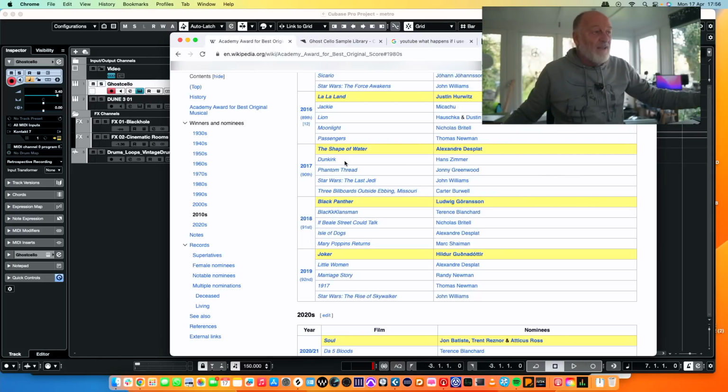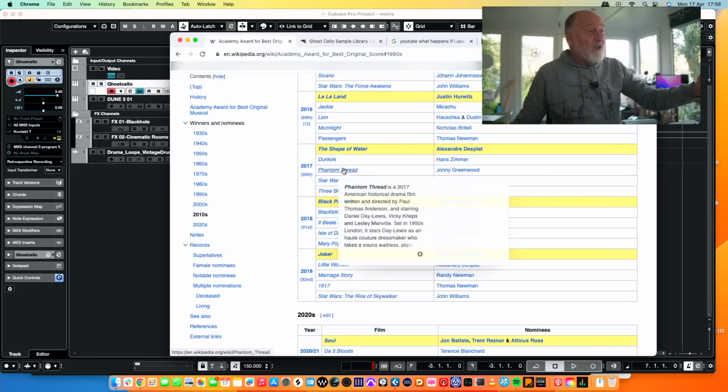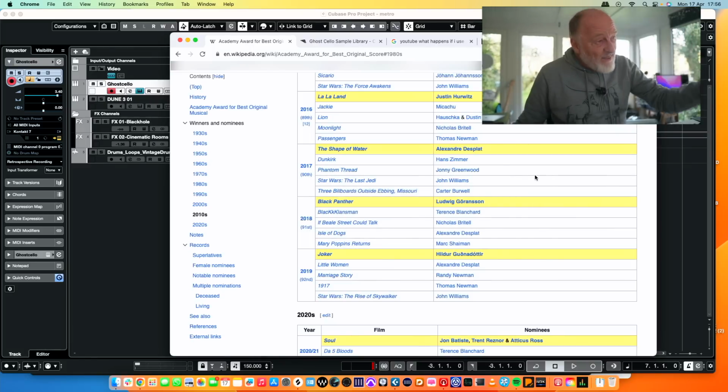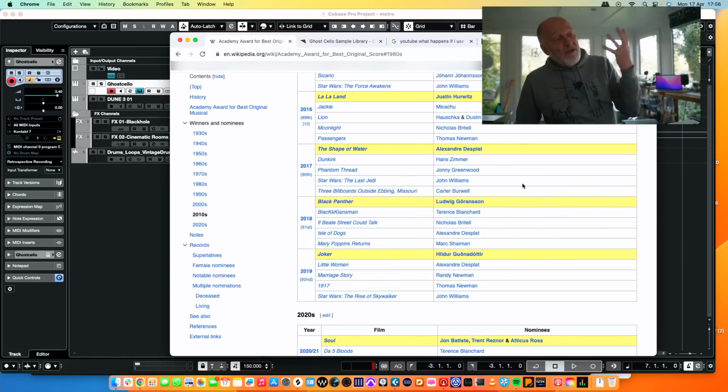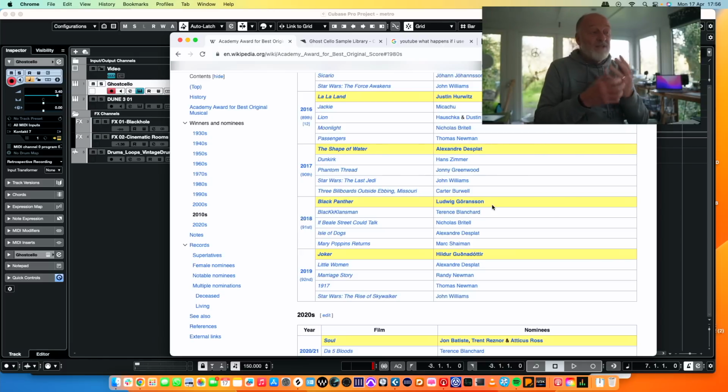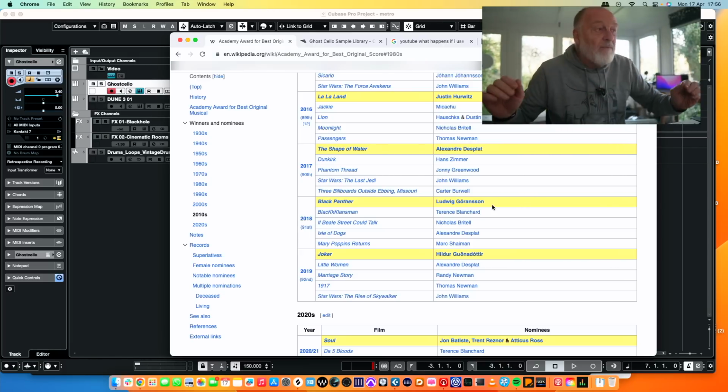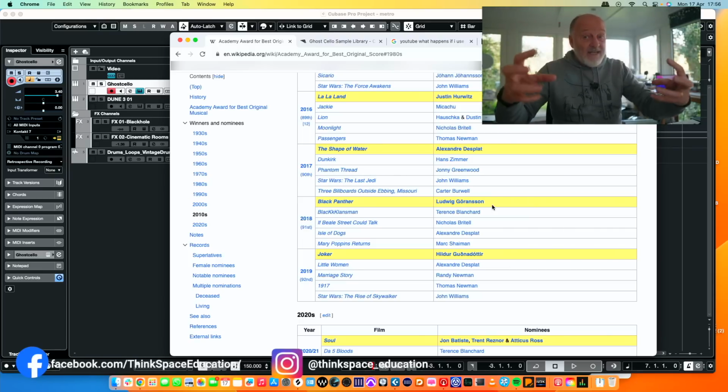It's really inventive and deserves to be. Phantom Thread, Johnny Greenwood, again, there are no big tunes in there. Now, Black Panther, I would argue that the signature sound in that is the sound of the talking drum, those types of things, which is the identity of the score.